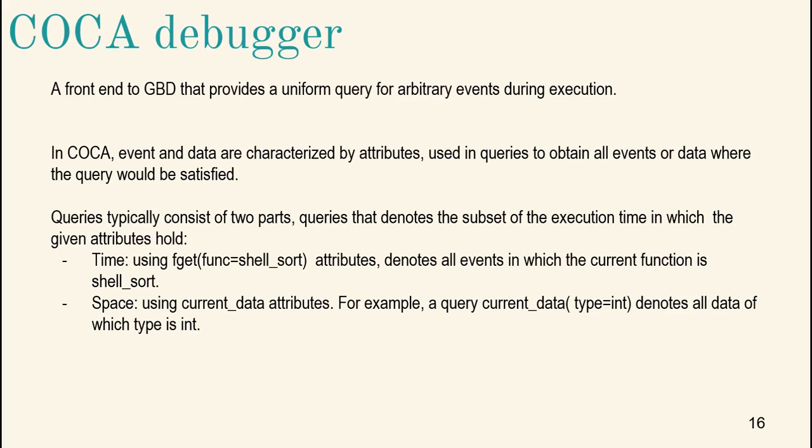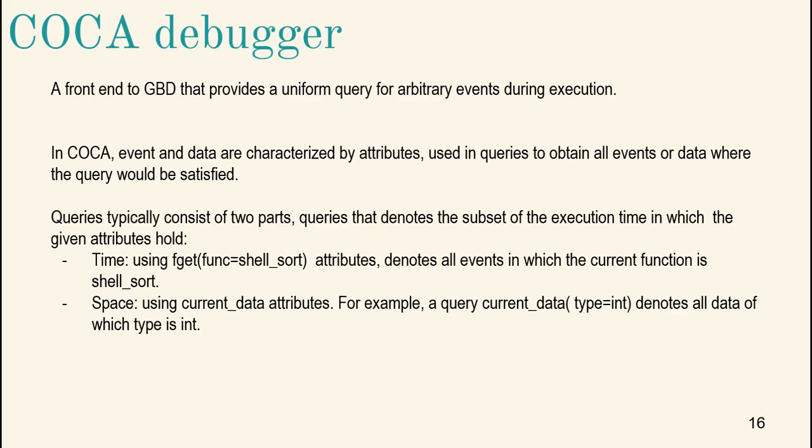Coca Debugger, a front end to GDB that provides a uniform query for arbitrary events during execution. In Coca, events and data are characterized by attributes used in queries to obtain all events or data where the query will be satisfied.